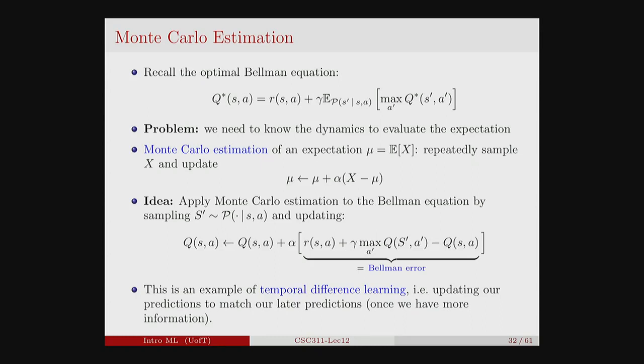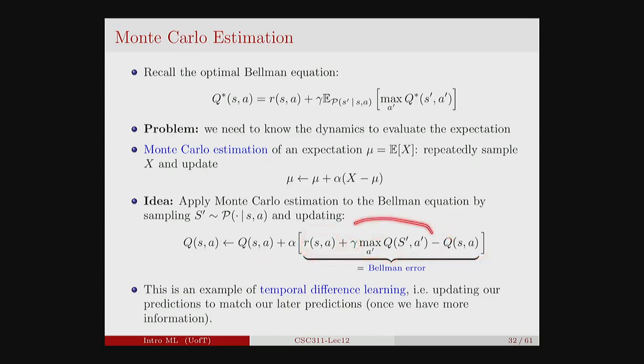But once you have this trick, it's really useful, because what it means is that instead of evaluating this expectation directly, you can use this trick to evaluate the expectation in a streaming fashion. Because what you're going to do is write down the update as the old Q of SA plus alpha times this difference between the reward and gamma times the max.